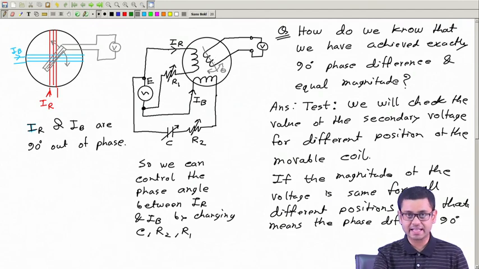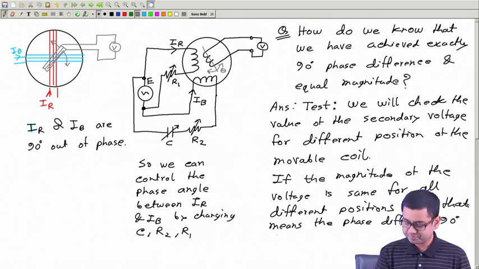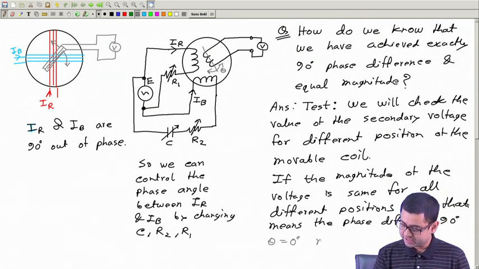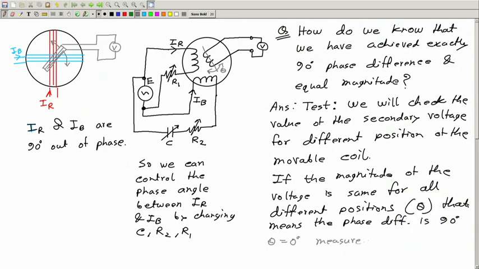So we will change this angle theta and measure this voltage. Maybe we will do the test like this: set theta equal to 0°, measure voltage V, then set theta equal to 90°, measure voltage V. If these two are not equal, then adjust C R2 R1 to make them equal.